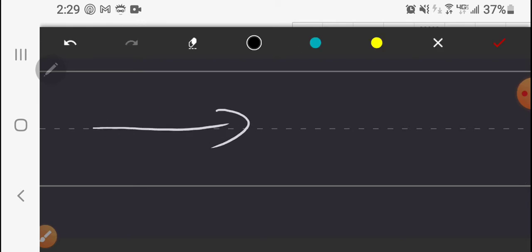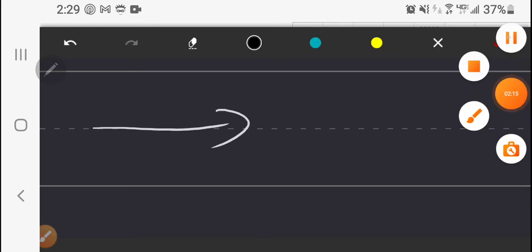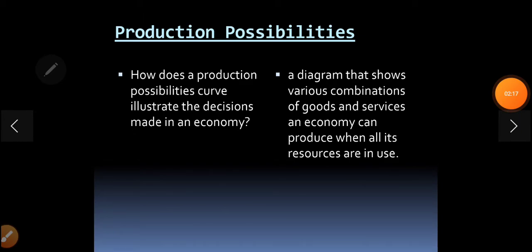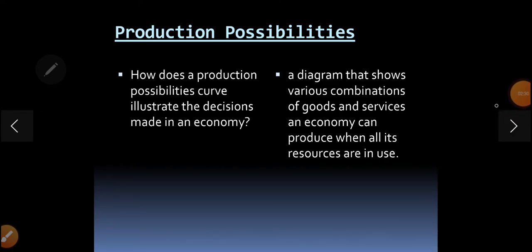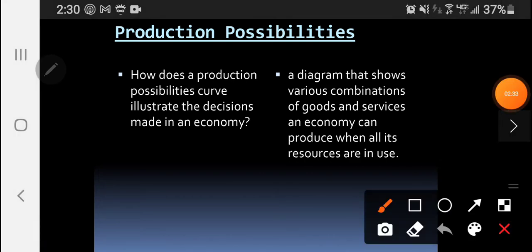Well, let's go back to the definition. Okay, a diagram that shows various combinations of goods and services that an economy can produce when all its resources are in use. All right, well, when I look at that and I think about the most important parts of that definition that tell me what it means, hopefully you guys see the same thing. I don't need to put diagram down, or that shows.